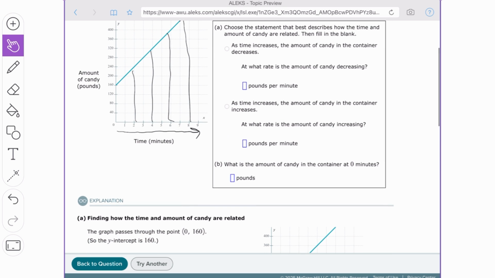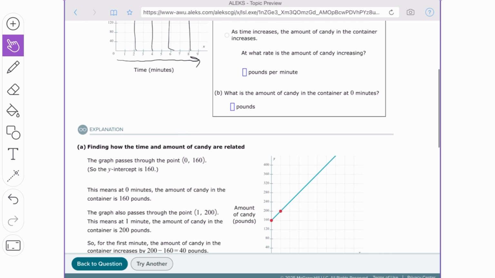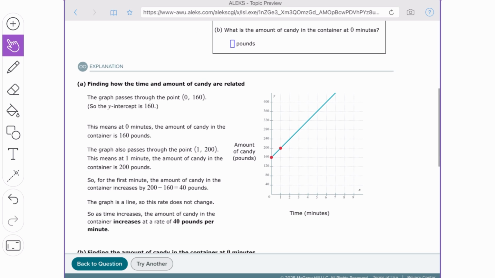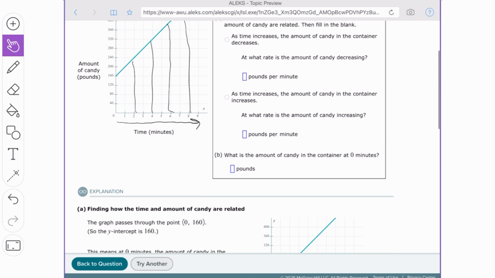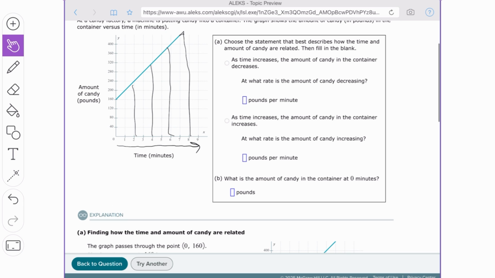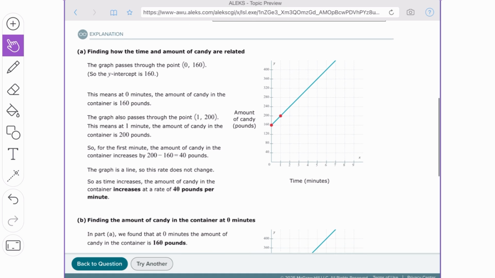So the first question says, at what rate is the amount of candy decreasing? And then you have to decide if, as time increases, the amount of candy in the container increases. So I definitely can tell that it's increasing. Okay.